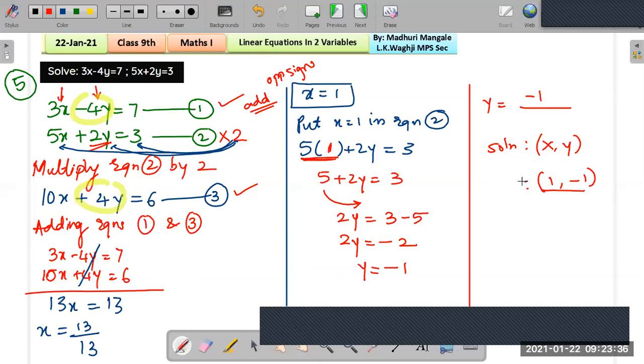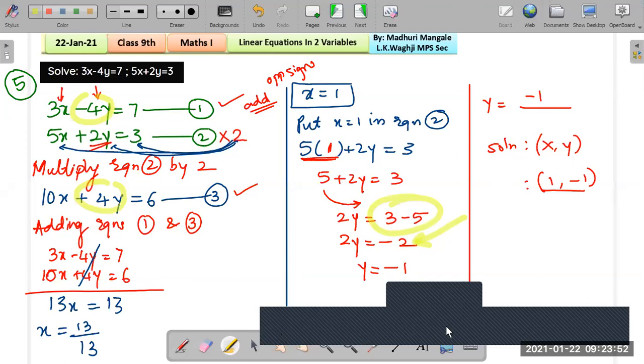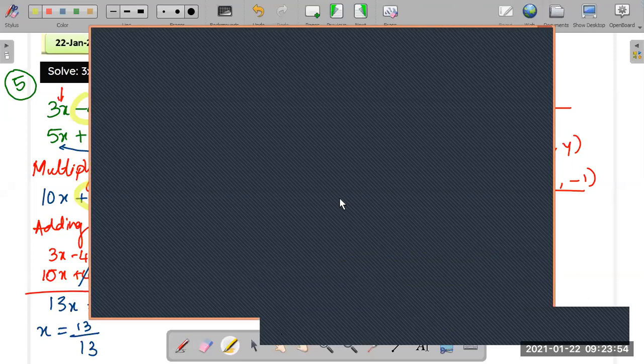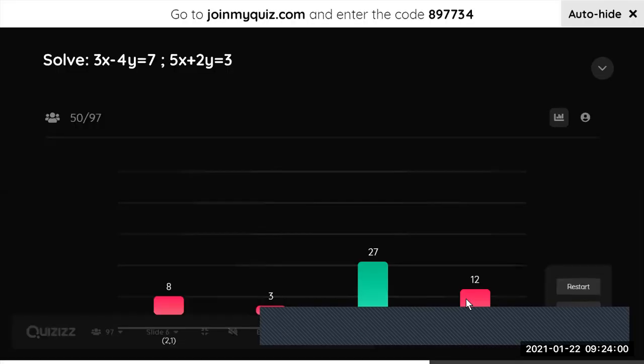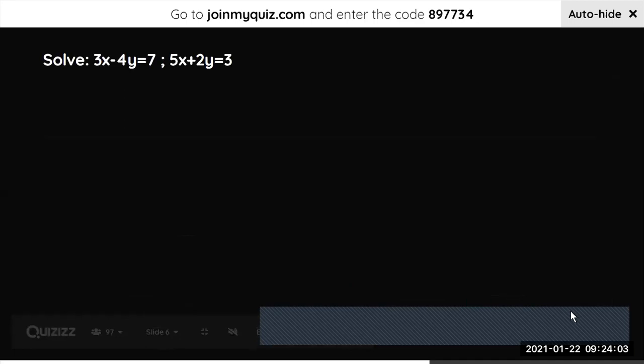Okay, students, you have to solve it, and unless you try it out, you won't understand it. So please make sure that you are trying out these last 2-3 steps, especially on these signs. You need to be very careful with the signs. Very few students have got it wrong, these 12 ones. Learning by making mistakes is a very nice way of learning.